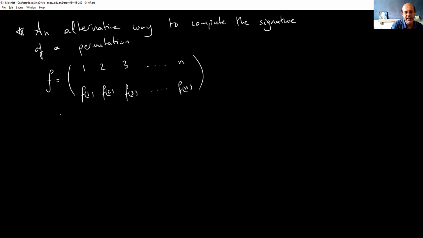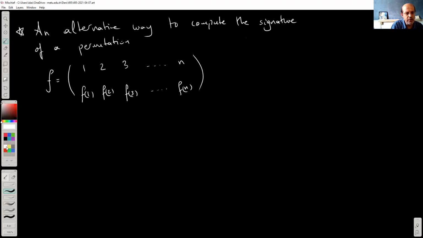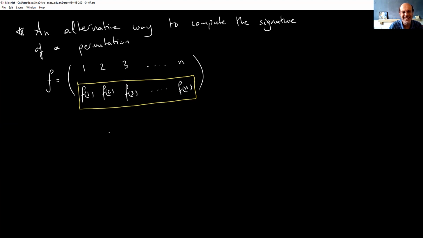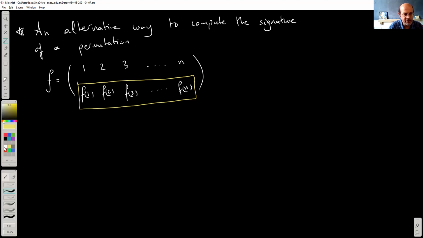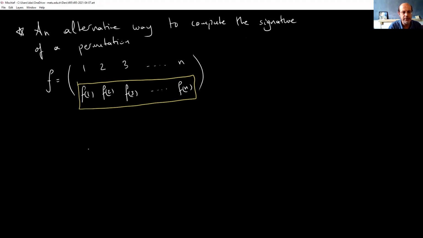And then I said that I can think of this sequence of elements as an alternative way of expressing the permutation. For this reason, some people think of permutations as sequences and not functions. I said that, well, don't do this. For several reasons, the function point of view is very valuable.